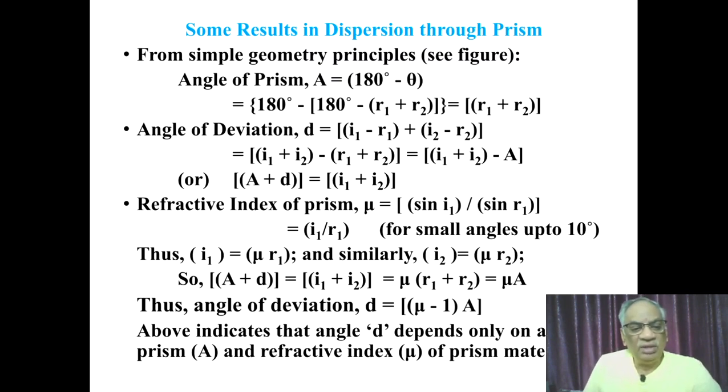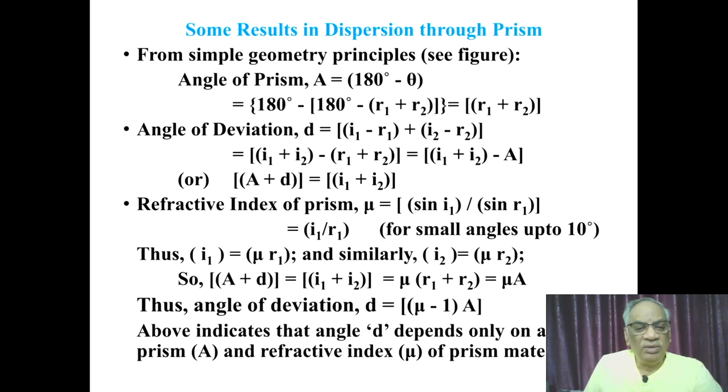So the refractive index of the prism mu is equal to sin I1 by sin R1, which is equal to I1 by R1 for small angles up to 10 degrees. Thus I1 is equal to mu times R1, and similarly I2 is equal to mu times R2. So A plus D becomes I1 plus I2, which is equal to mu times (R1 plus R2).